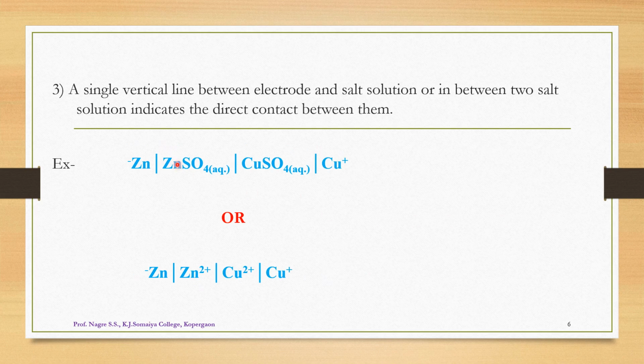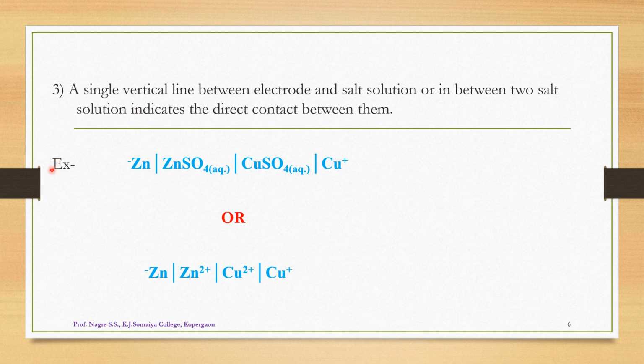The third important convention is here: a single vertical line between electrode and salt solution or in between the two salt solutions indicates the direct contact between them. For the representation of a cell, a single vertical line is always used in order to show a direct contact between electrode and salt solution or in between the two salt solutions.